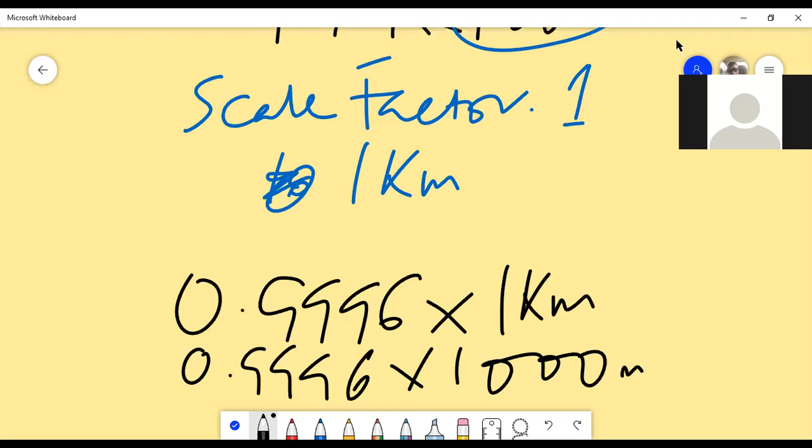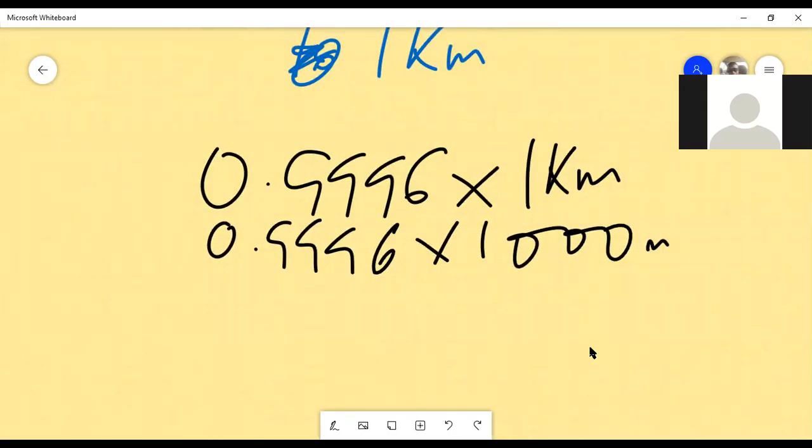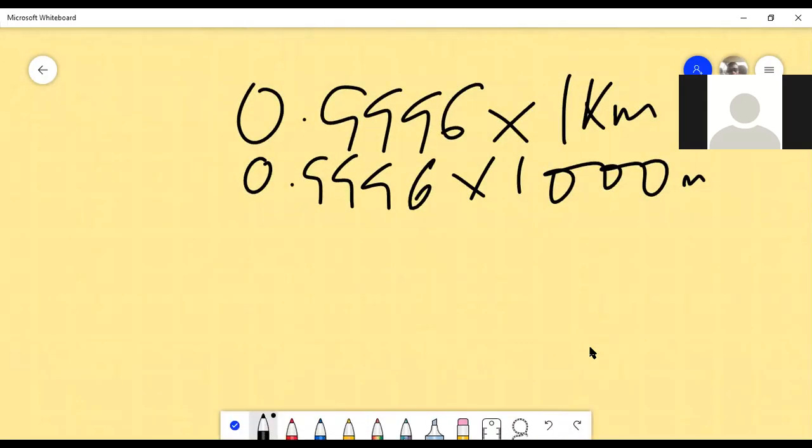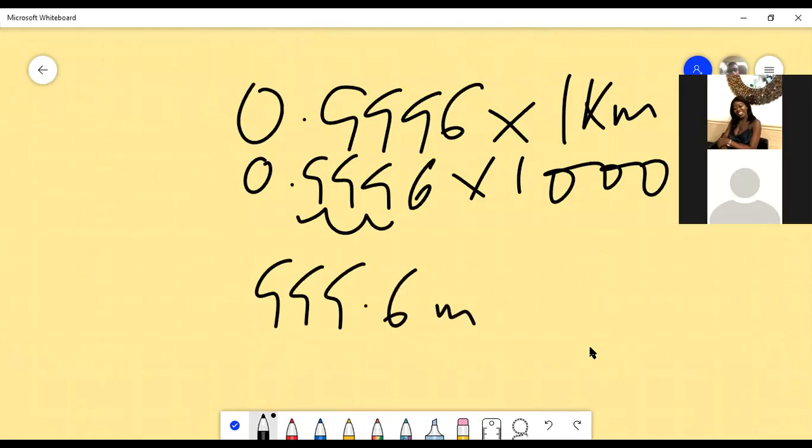Okay, so now, as you can see, we're going to have a value. I'm moving this window away, it's obstructing me. So this will give us 999.6 meters, isn't it?